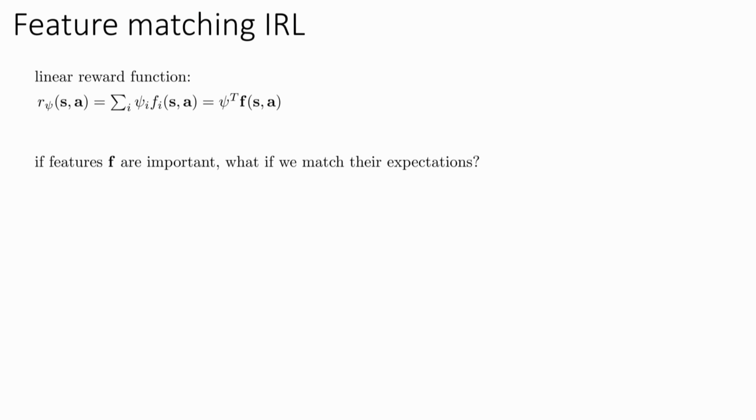So if your car collided 0 times and stayed in the right lane 97% of the time, and you produce a reward function that also collides 0 times and stays in the right lane 97% of the time, maybe you found a reward function that actually matches the intent of the demonstrator.